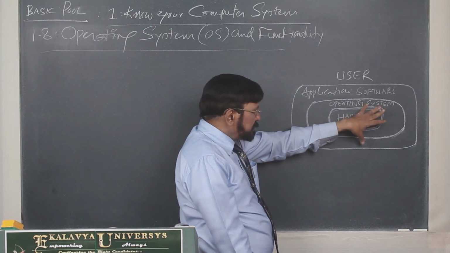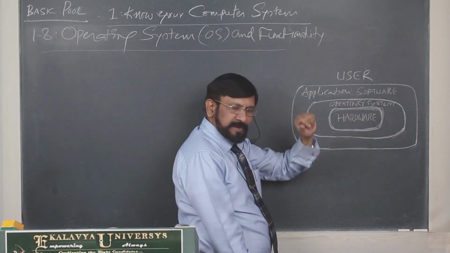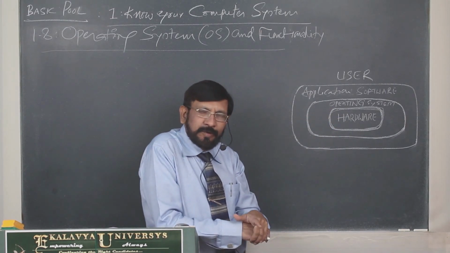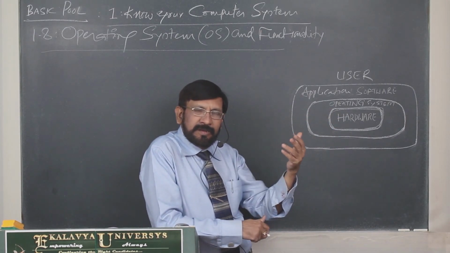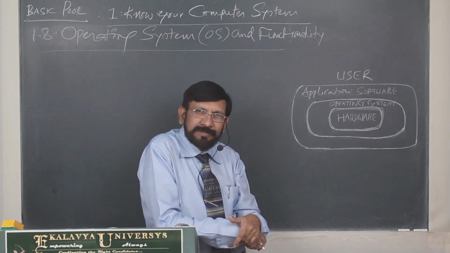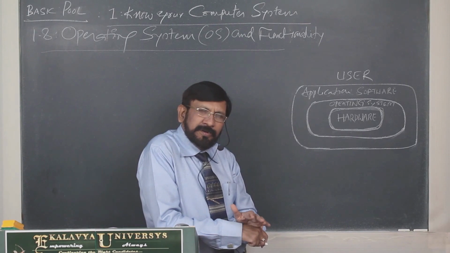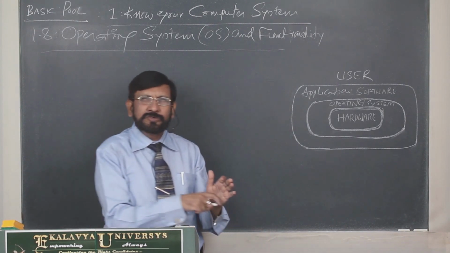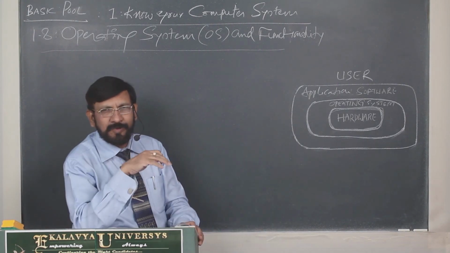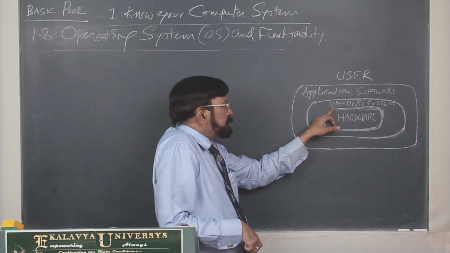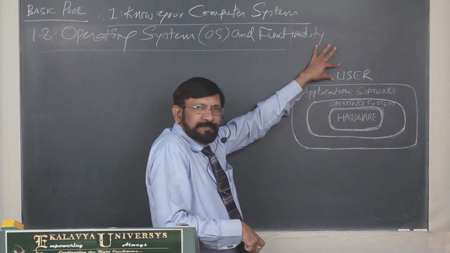It connects both software and hardware. Understand, operating system belongs to, already I told you, system software. It is a type of system software, and operating system is a composition of a big number of system programs. Understand? So the place is here, then user is here.